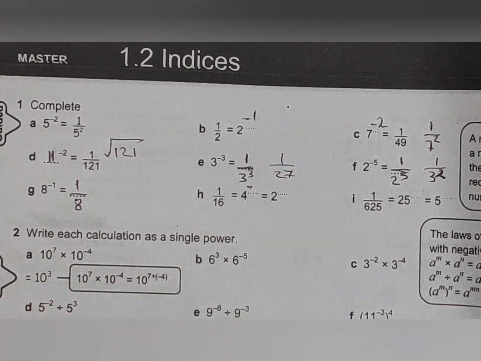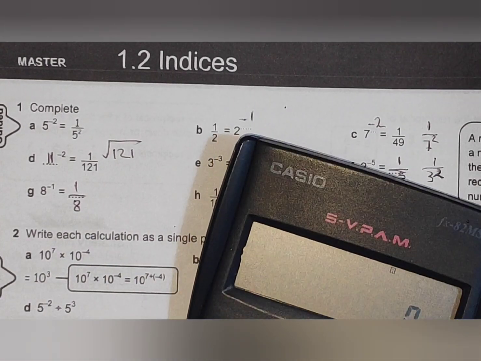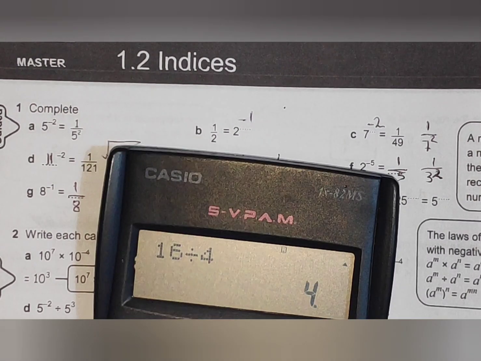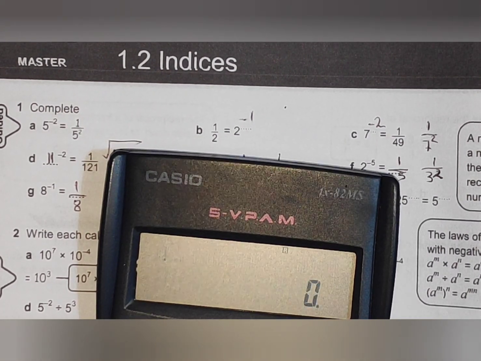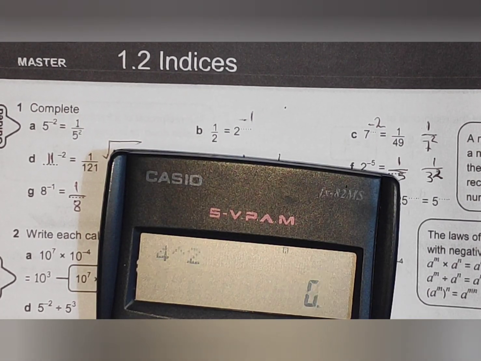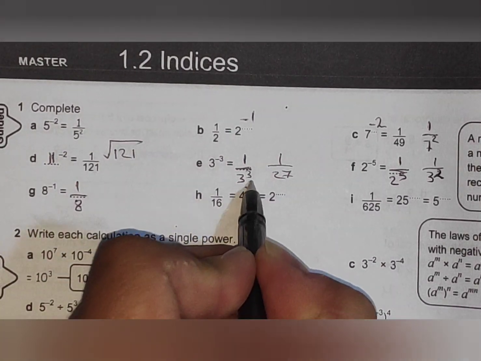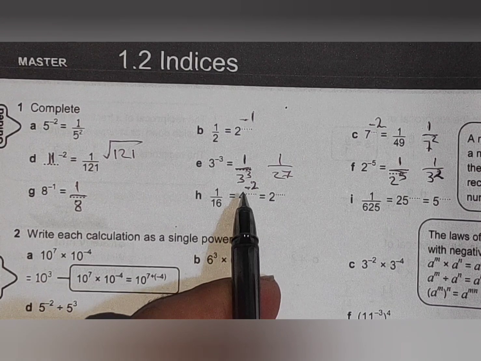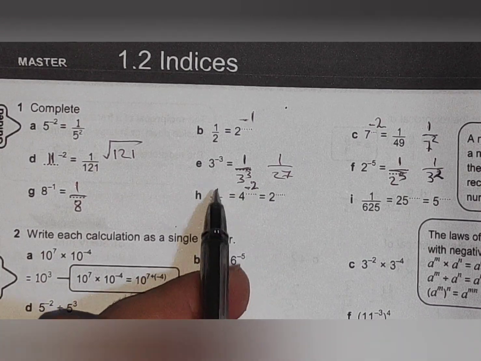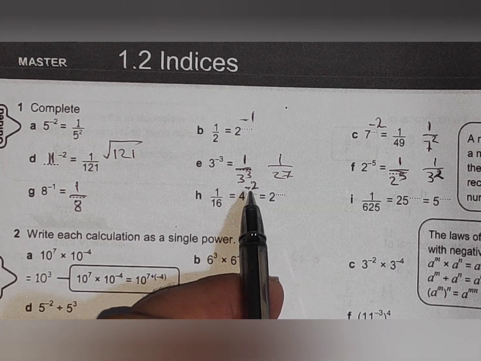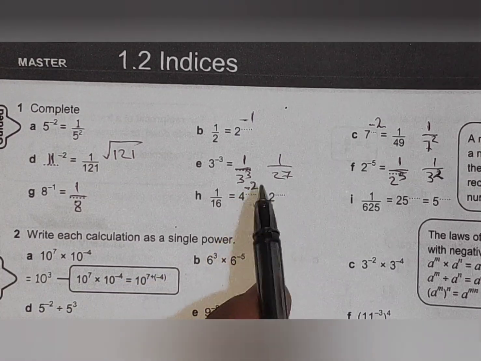So to turn the 16 into 4, first thing I'm going to do, I'm going to divide. 16 divided by 4 is going to be 4. So basically, 4 squared, or 4 power of 2, is 16. So this one is going to be 4 power of negative 2. And we understand why it is negative, because there's 1 in the numerator. So the power will be negative on the base number. Now this one is done.